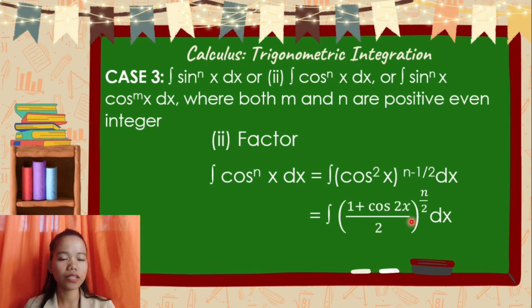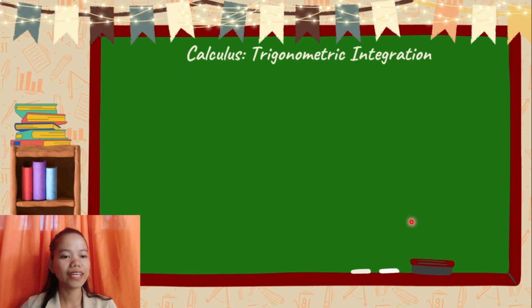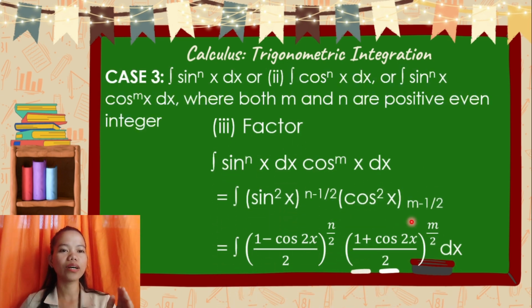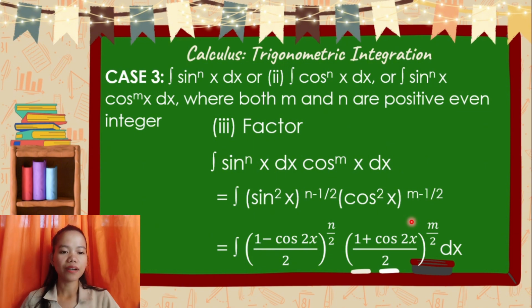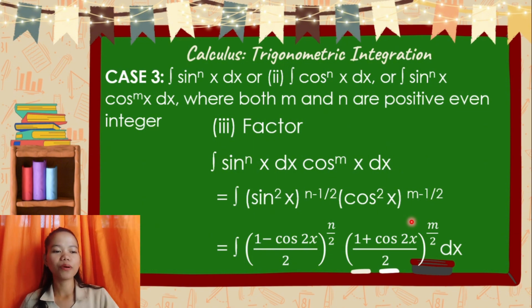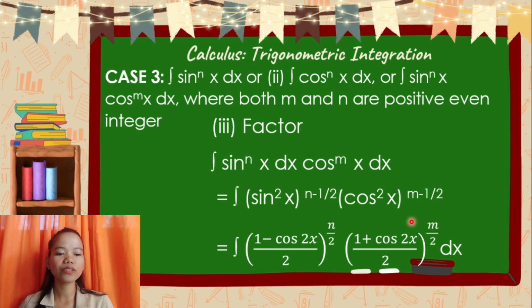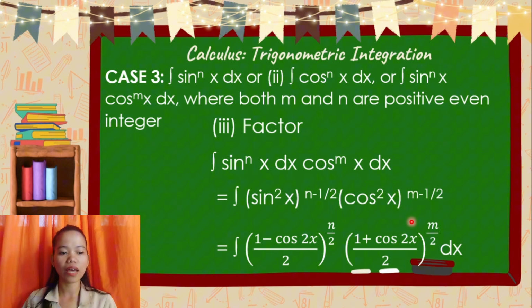So what if both the sine and cosine are in one function and their powers are both positive even integers? So what we're going to do now is apply both half angle identities for them. Let's say for example the integral of sine raised to the power of n of x dx multiplied to cosine raised to the power of m of x dx.